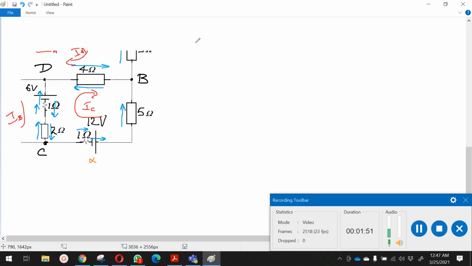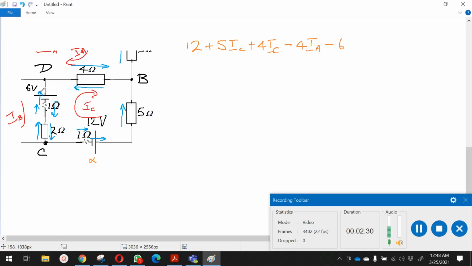I'm going to say 12, going in this direction, 12 plus 5 IC plus 4 IC minus 4 IA. Remember, IA was flowing in that first loop. I cut it out, so it's not here. Plus 4 IA minus 6 volts.